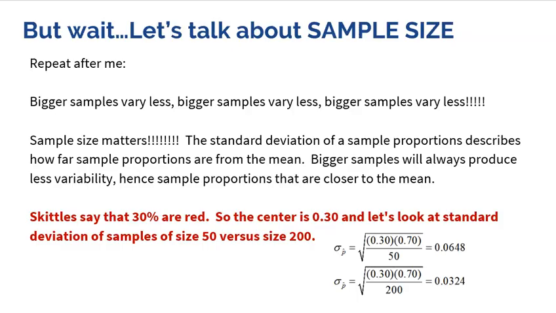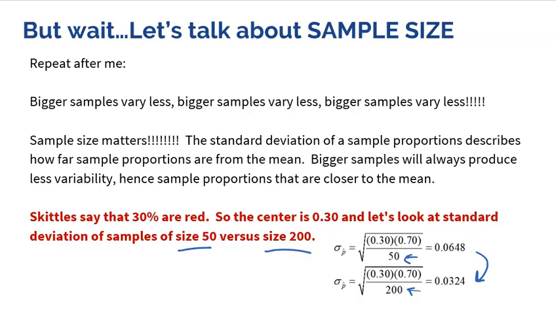Now let's look at standard deviation for a sample size of 50 and a sample size of 200. So on top, again, we got a giant square root. On top goes the true p, 0.3, 1 minus that, 0.7. That doesn't change. But the bottom is the sample size. And when you divide by 50, as opposed to dividing by 200, you get a much smaller standard deviation.